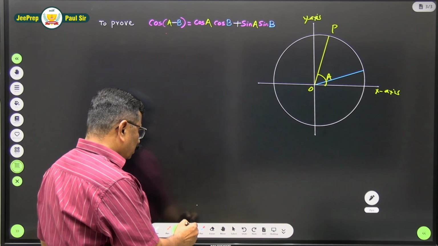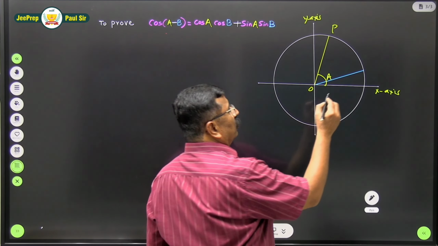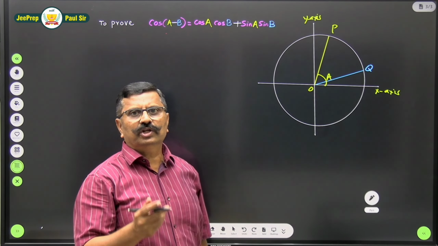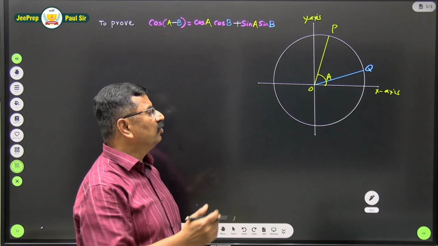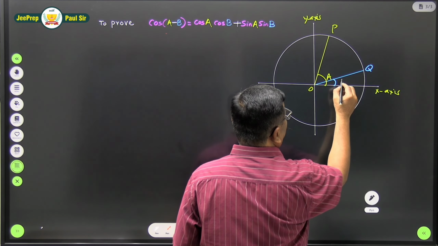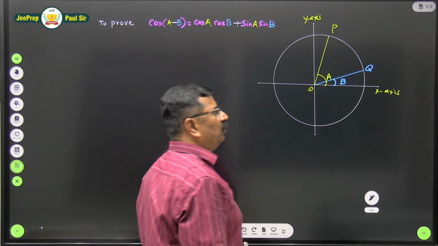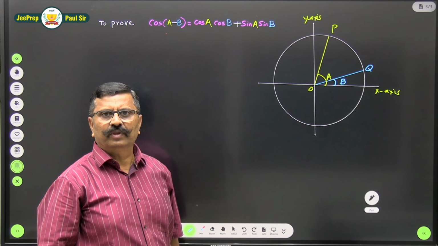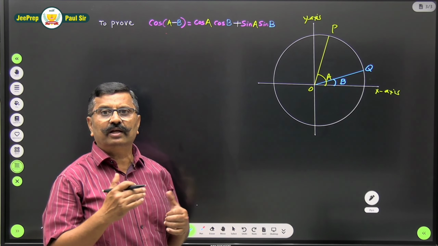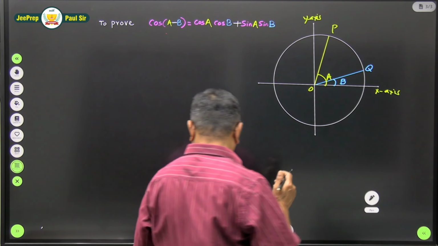Similarly, there is one more point Q on the circle. Then join point Q and the origin, so we get segment OQ. Segment OQ makes an angle B with the positive x-axis. Now what are the coordinates of point P and point Q in terms of angle A and angle B?